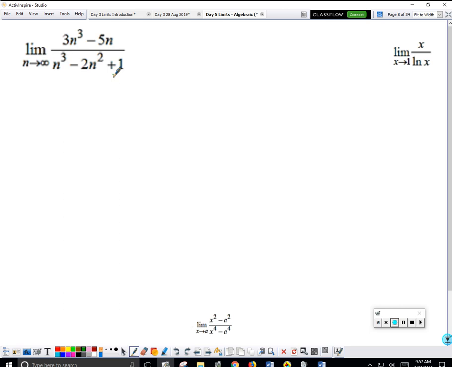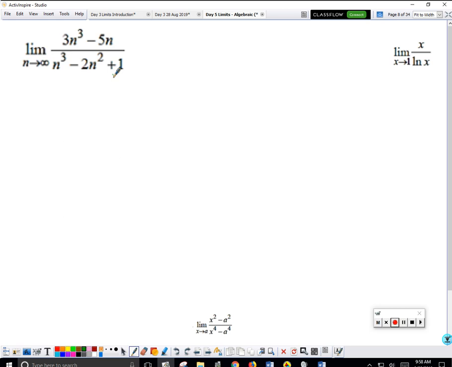So we just compare them. If n is going to get bigger and bigger and bigger, raise your hand and tell me which of these 2 will dominate. Aisley. Don't forget the negative, but you're fine. The negative 2n squared dominates. Give yourself a point if your hand was raised.